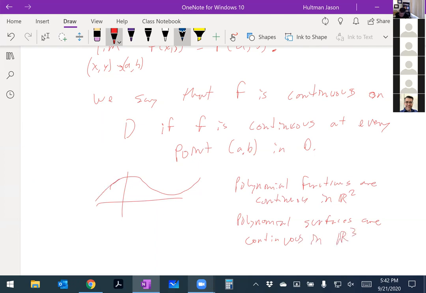If we extended this out, this is like a sheet, maybe a sheet of metal or something, right? So these are polynomial surfaces. They are also continuous. Just kind of extend it out in your understanding there.